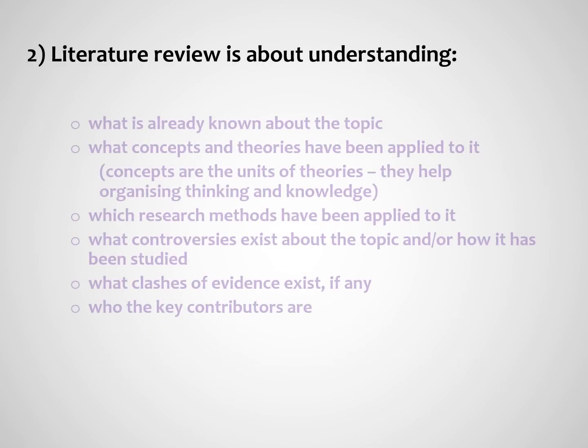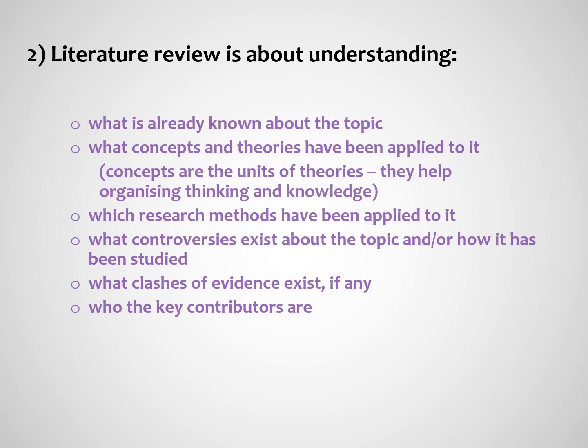Once we have decided on the topic that we want to research, the second step is the literature review, which means basically to know in a deep sense what is already known about the topic. This means a variety of issues.